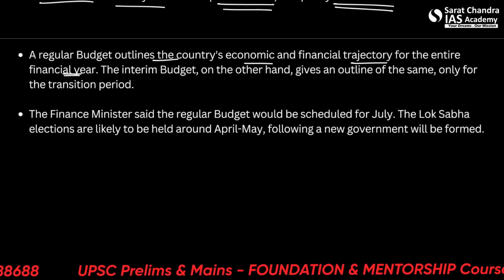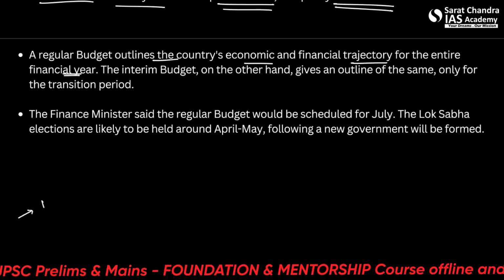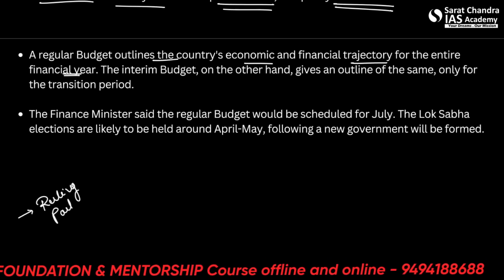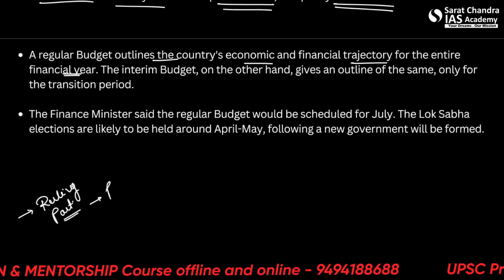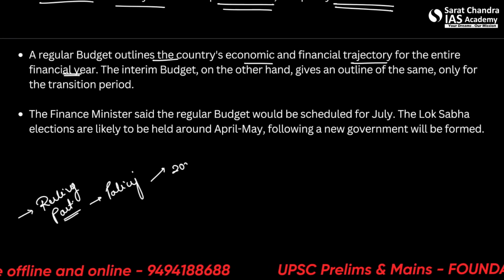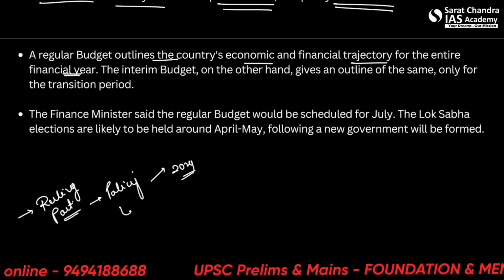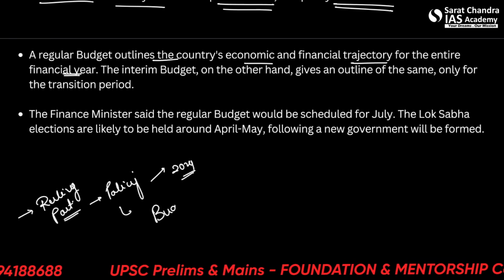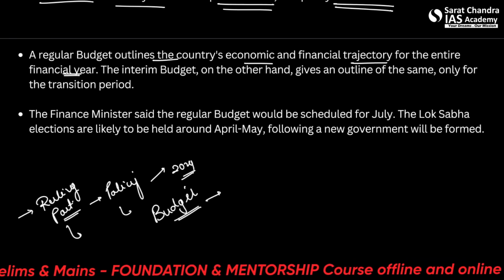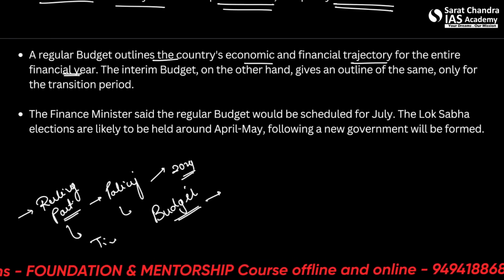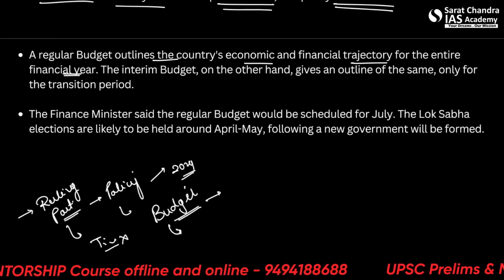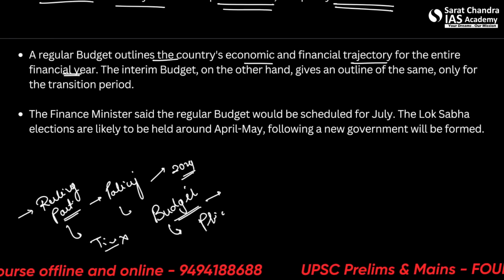Whichever political party is in rule right now, the ruling party, makes a budget according to its policy. Now they may or may not win the election this year in 2024. The next government will essentially produce its own budget, so preparing a full budget during this time would essentially be wasted, because if the second party wins the election, they may have a different philosophy or ideology for their budget.